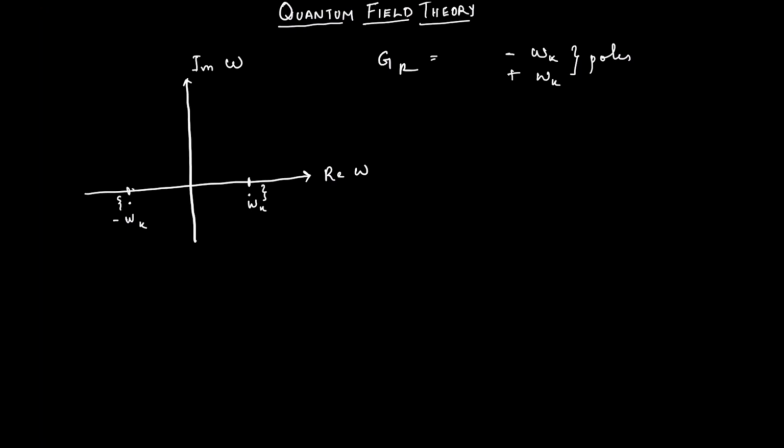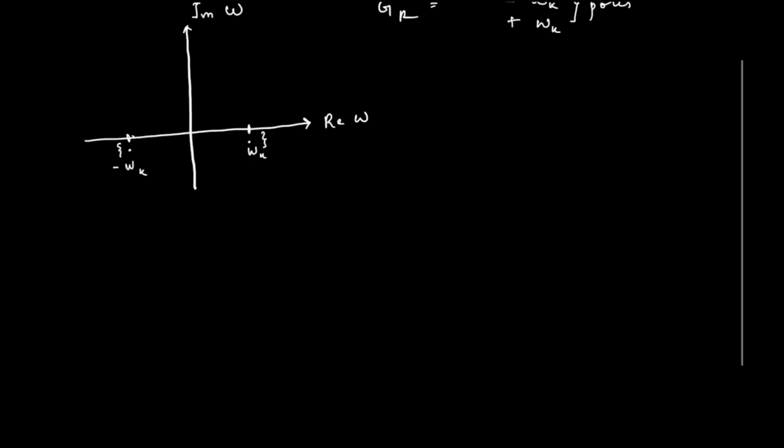Similarly, in the advanced Green's function, we have to move the singularity above. And in the case of the Feynman Green's function, I have to move one singularity above and the other singularity below, so that I don't have to change my contour. I only have to shift the singularity. This can be achieved by a method known as the epsilon prescription.